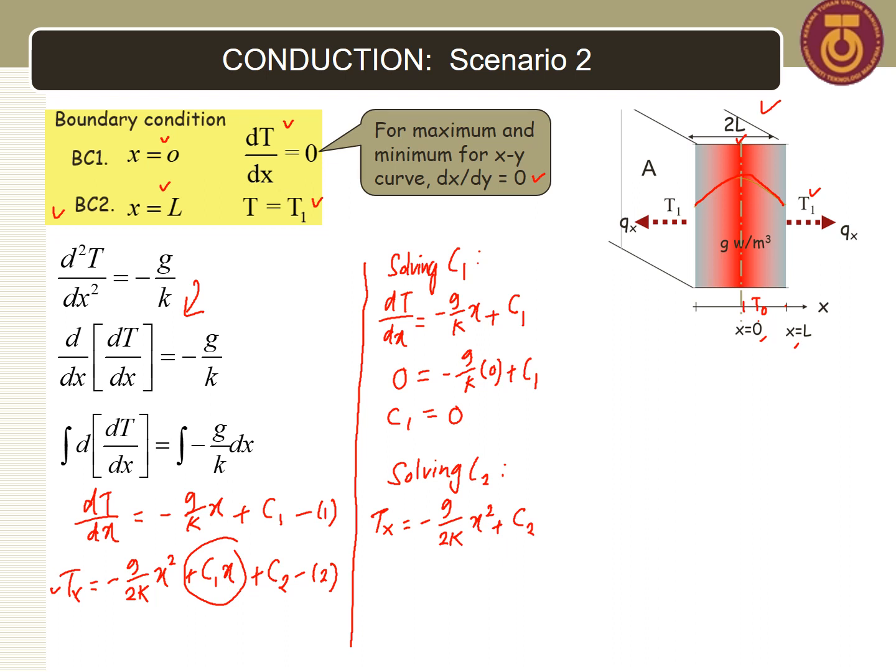We substitute boundary condition number 2 here, so T(x) becomes T1, negative g over 2k at x equals L, plus c2. So we can solve for c2: c2 equals T1 plus g over 2k L squared.